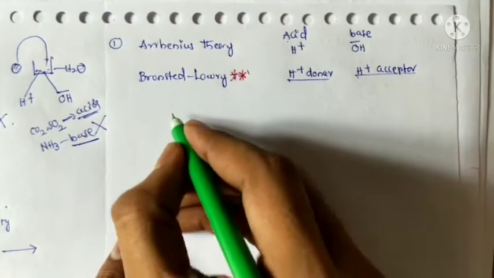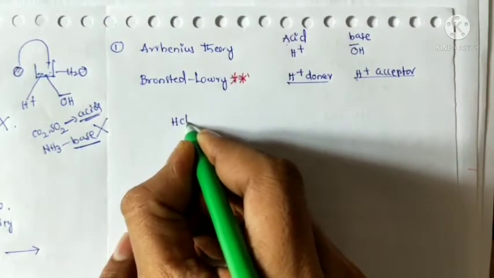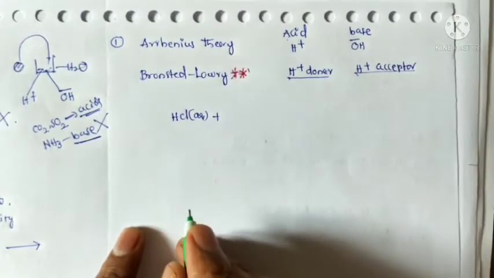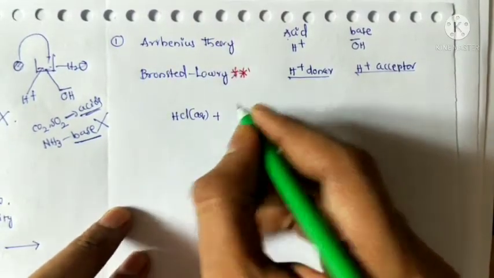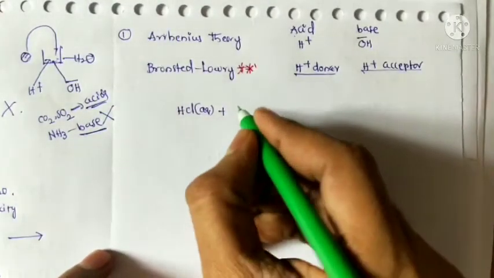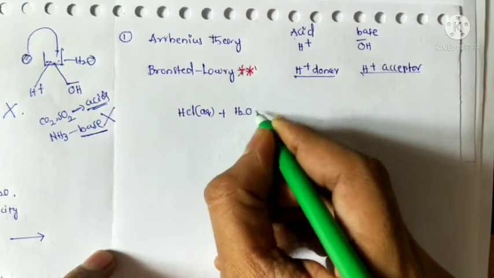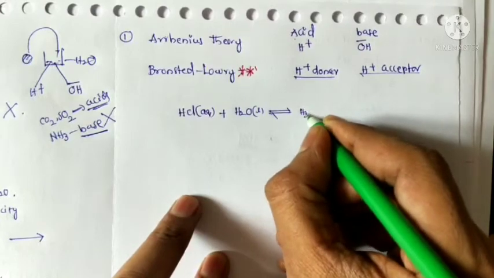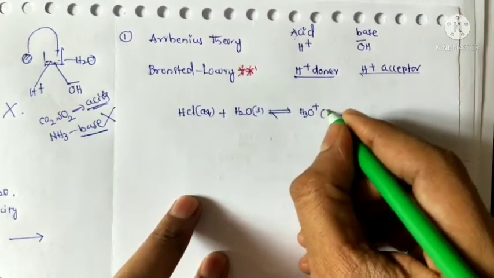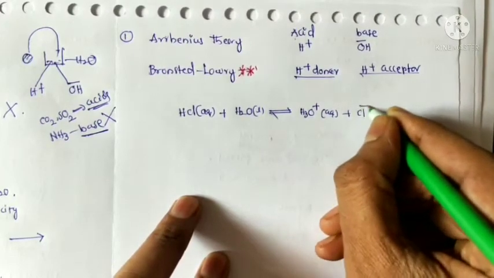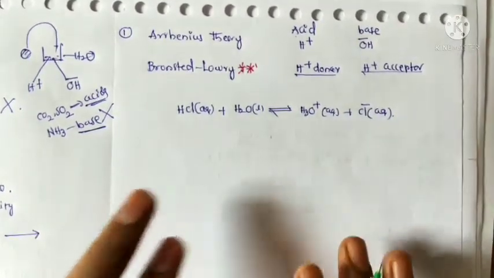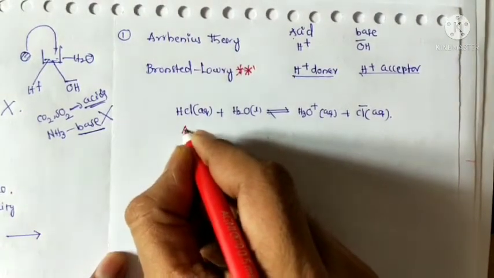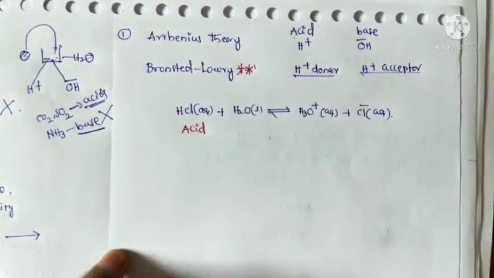For example, when HCl solution is dissolved in water, it partially dissociates into hydronium ion plus chloride ion. Here HCl acts as an acid, a Bronsted-Lowry acid.